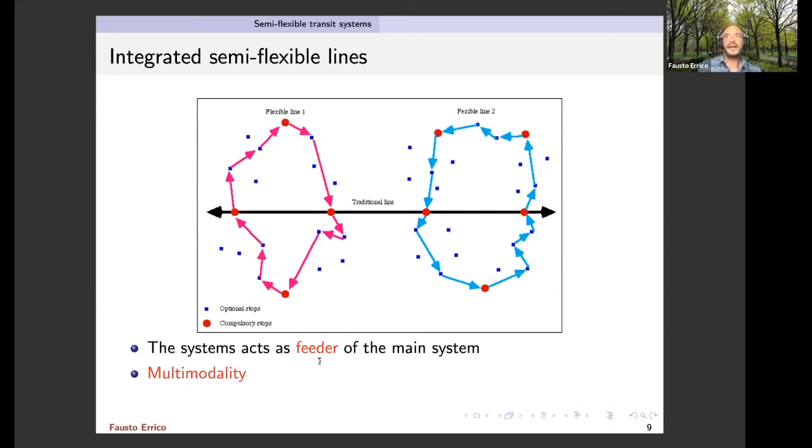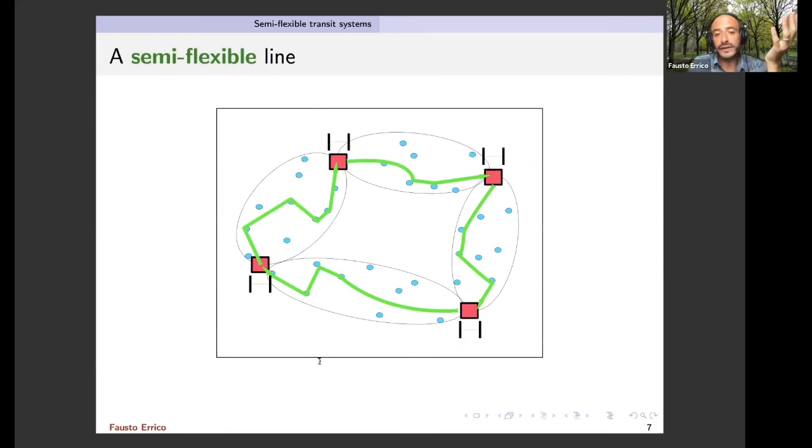In this case, there is a possibility to have a scheduled service that works as a feeder to the main system. And as you can imagine, there are a lot of things to decide here.